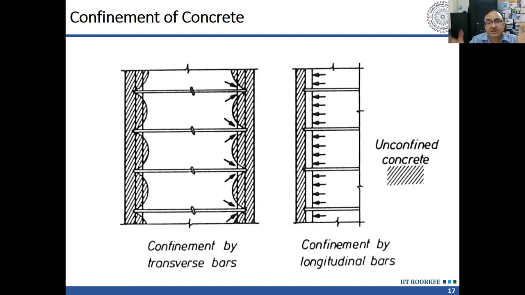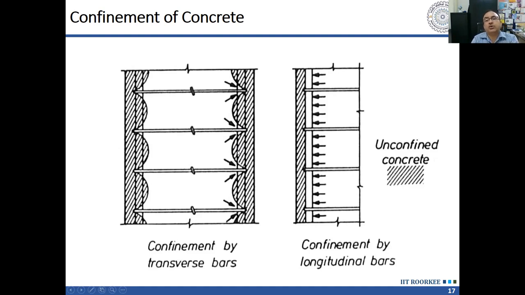So end friction effect reduces as we go away from the end. In the same way, the effect of the confinement reduces as we go away from the stirrups. So in the middle between two stirrups, the effect of the confinement will be minimum.